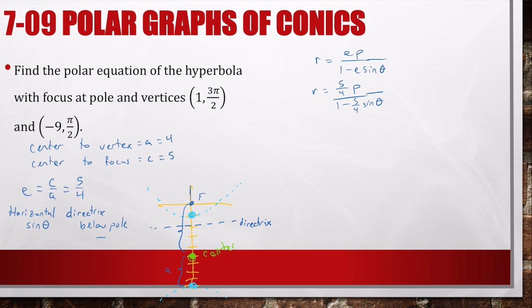Now, we probably don't like the fractions, so we're going to multiply the top and bottom by 4 to get rid of the fractions. Now that we've done that, we can pick one of the points and fill it in for r and theta, and that'll give us P. So I'm going to use the first one. So r is 1, and theta is 3π/2.